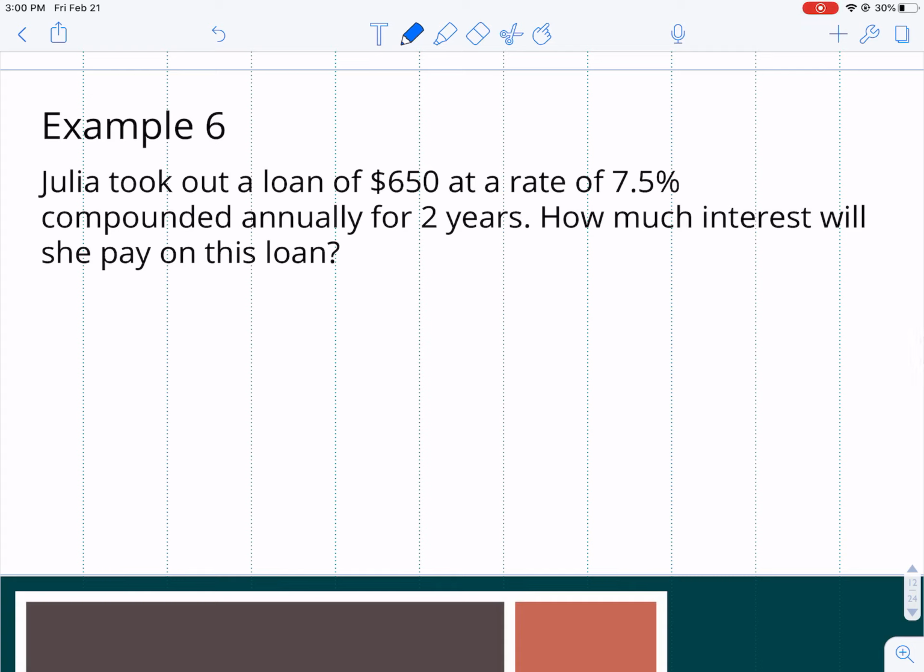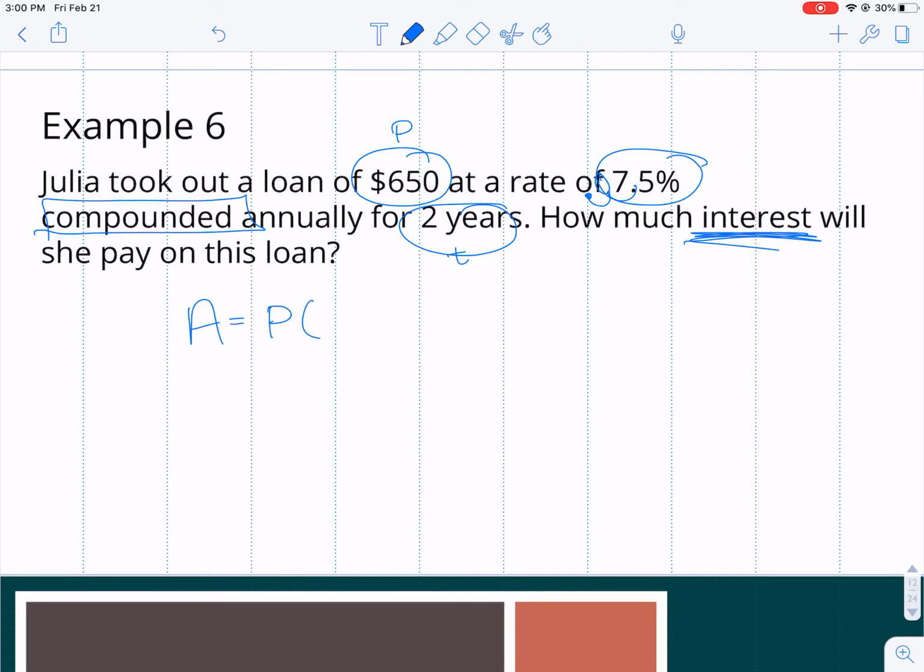Julia took out a loan of $650 at a rate of 7.5%, and it's for 2 years. It is compounded annually again. How much interest are we looking for? So A equals P, 1 plus R to the T power. Plug in our numbers.